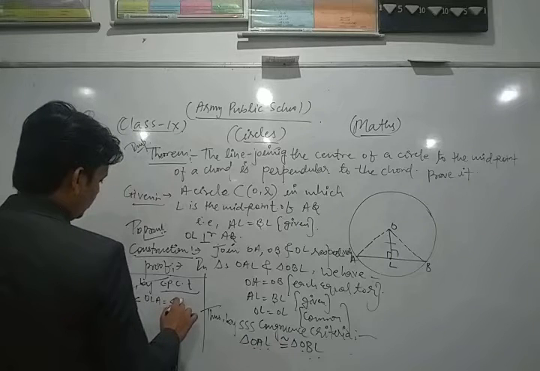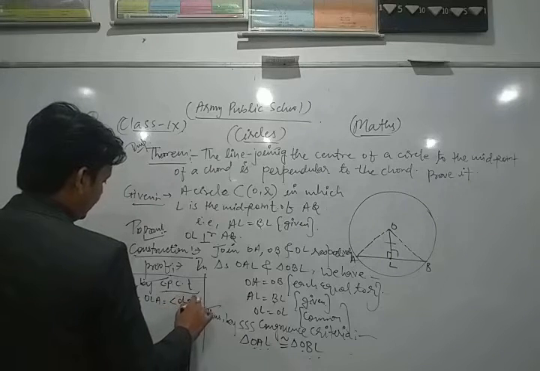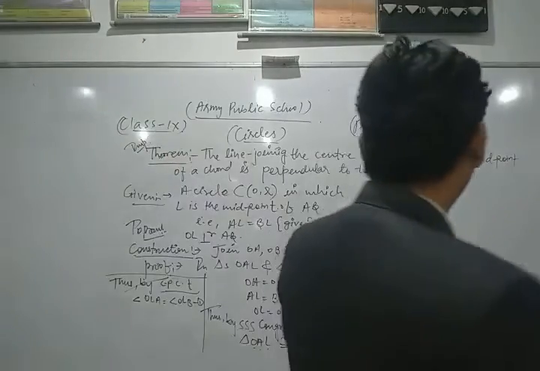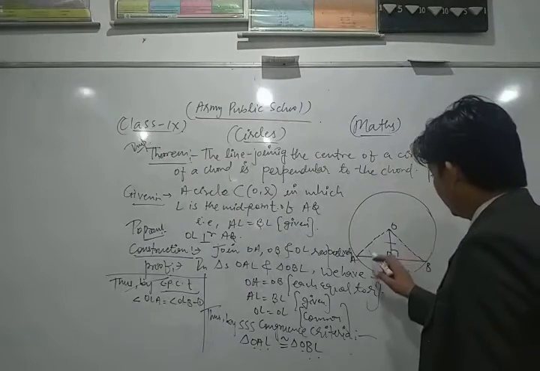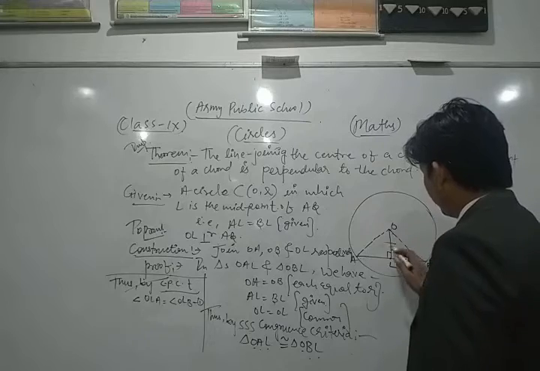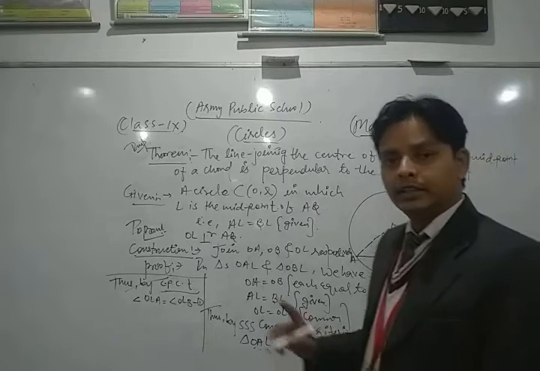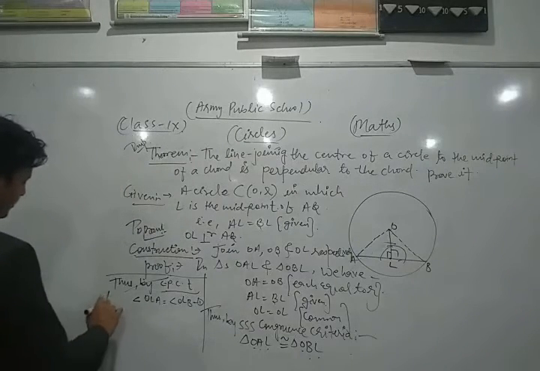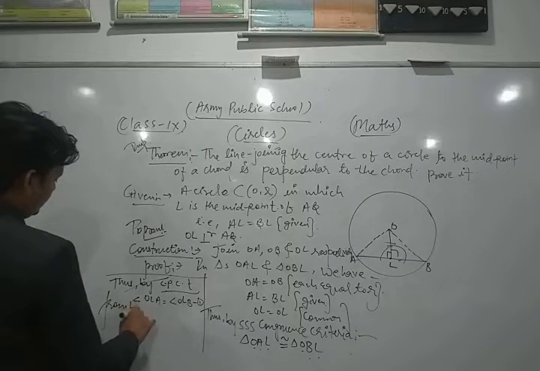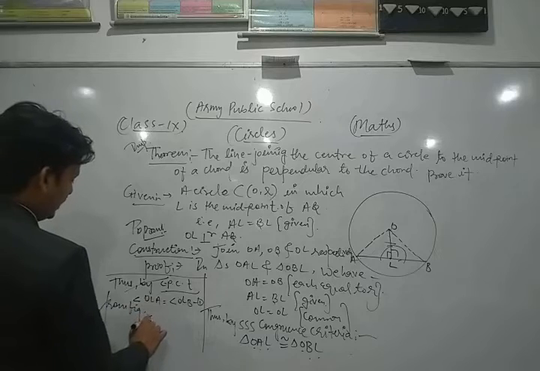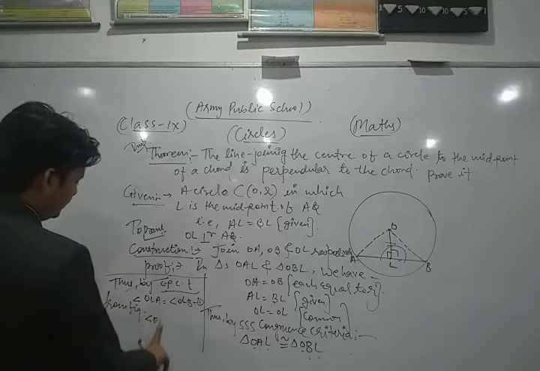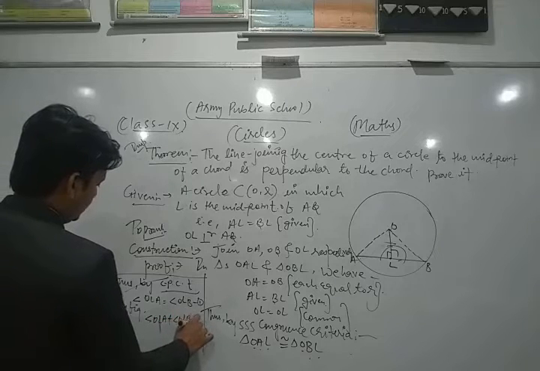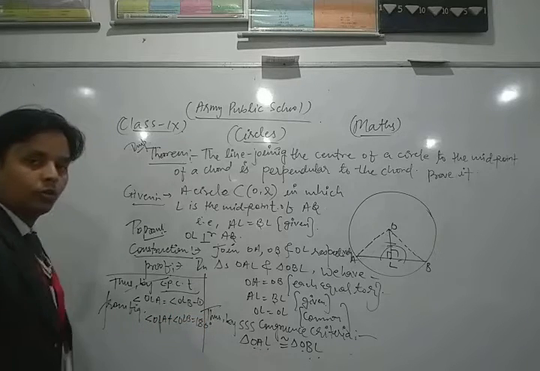Take this as equation number 1. Now look, angle OLA and angle OLB form a linear pair. Then their sum of measures is what? 180 degrees. So from the figure, angle OLA plus angle OLB equals 180 degrees.